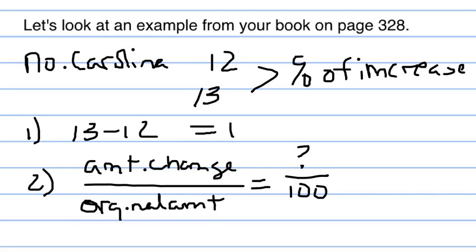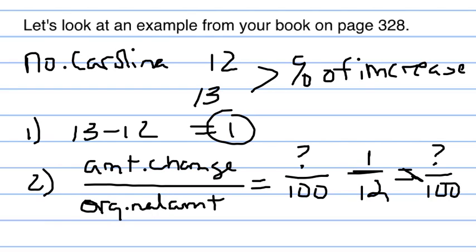So we're going to place some numbers in here. The change is 1, the original number is 12, and we're going to set that equal to our question mark over 100. We're going to do cross products, and when we do this, we get 100 equals 12 times x.